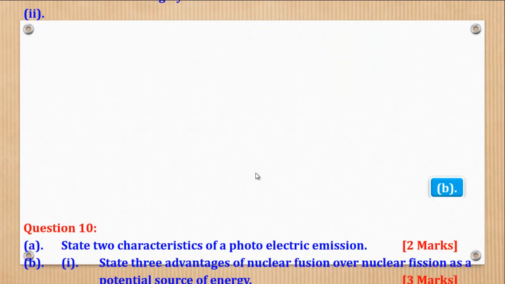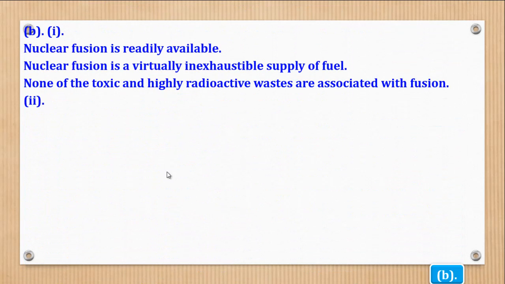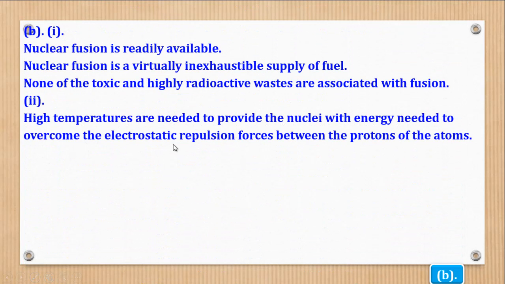Then Roman 2, why does nuclear fusion take place only at high temperatures? So high temperatures are needed to provide the nuclei with energy needed to overcome the electrostatic repulsion forces between the protons of the atoms.